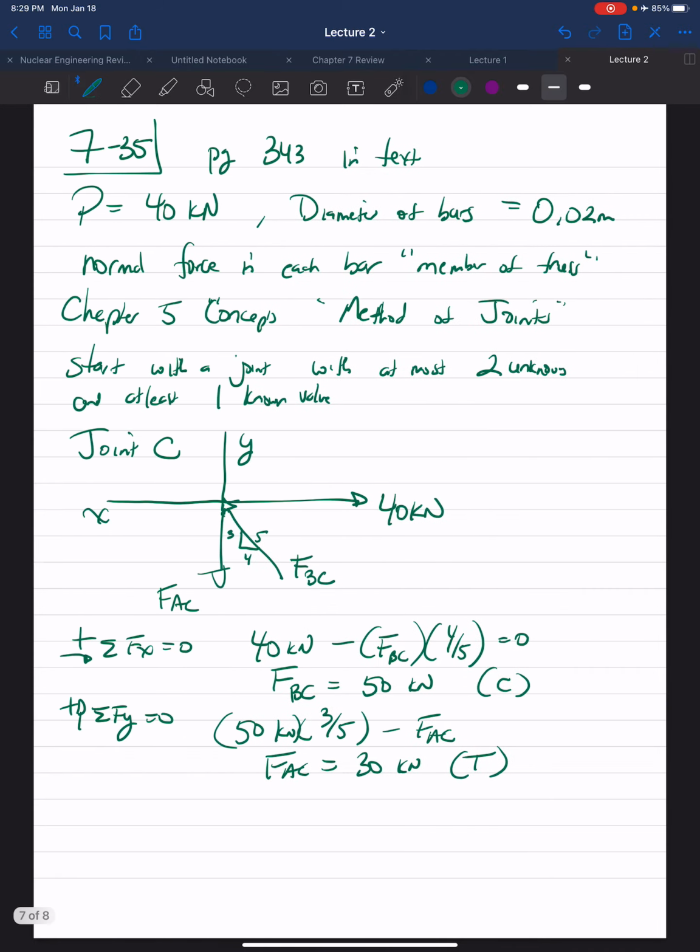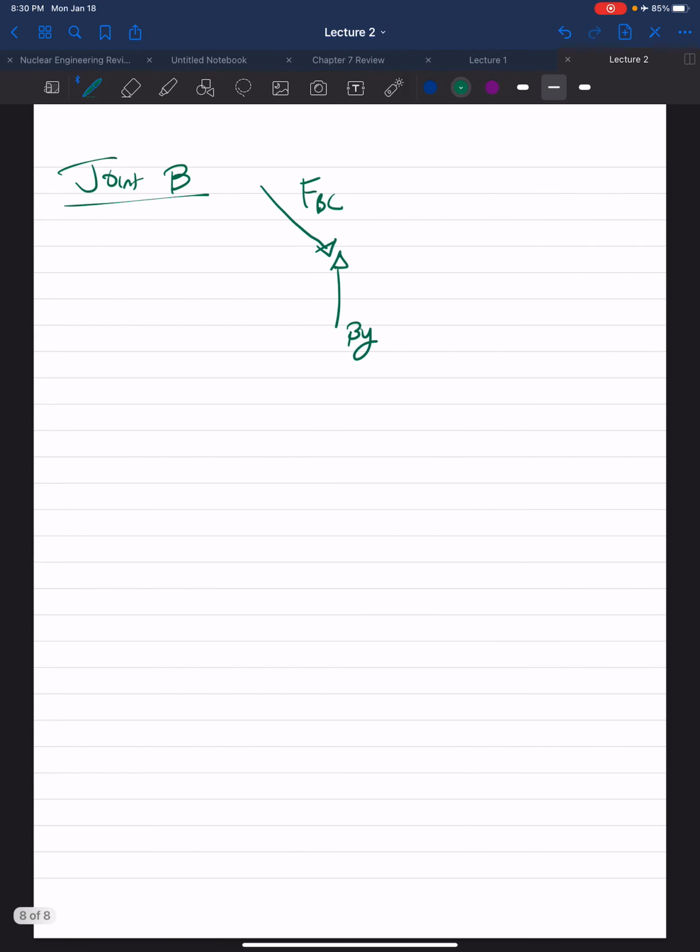We determined FBC to be 50 kilonewtons. And this angle, once again, is a 3, 4, 5 triangle. That's the ratio. And you have your FAB. The x component has to balance out the FBC, so it goes in the negative x direction. So once again, we have two unknowns and one known.